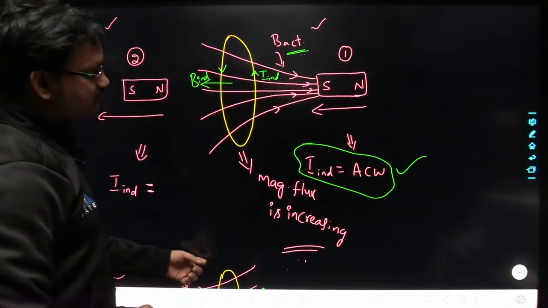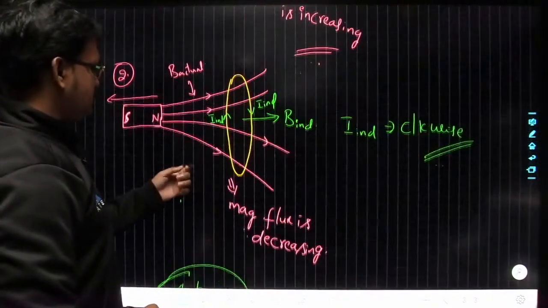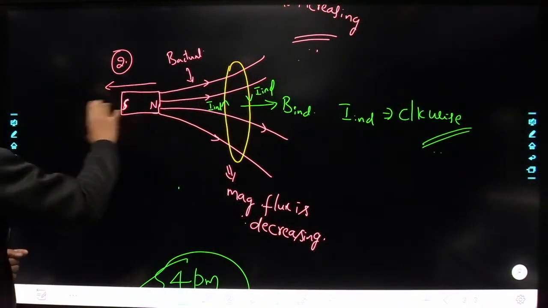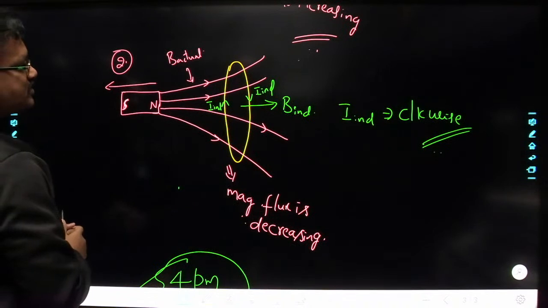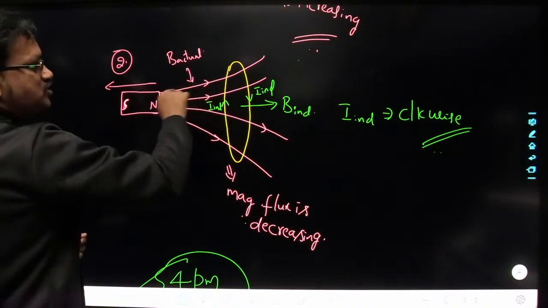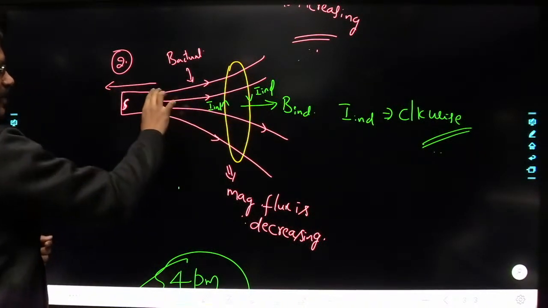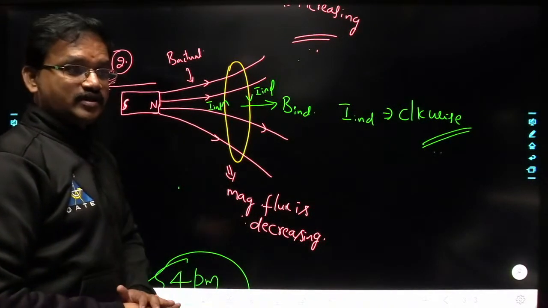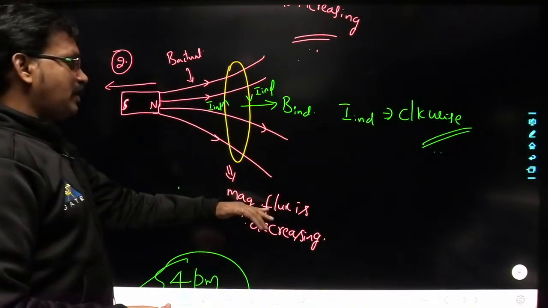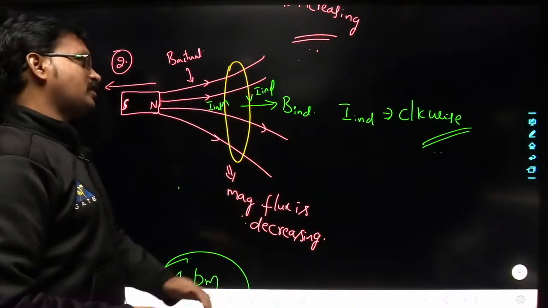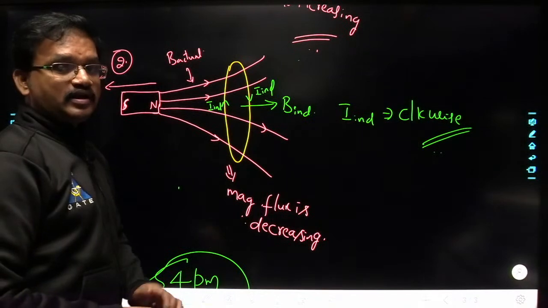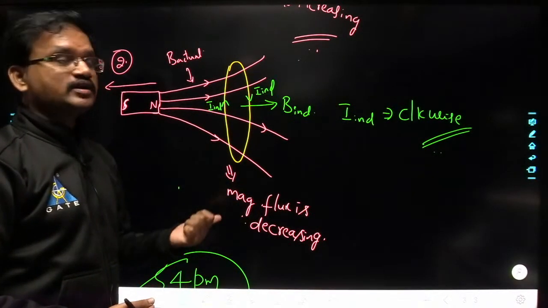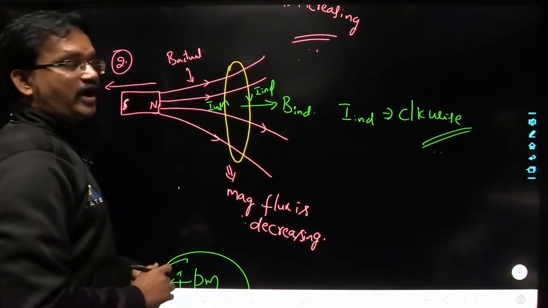Okay, and in the second case, the magnet has crossed the loop and is moving away from the loop. The B actual is pointing in this direction. As the magnet moves away from the loop, the magnetic flux is decreasing. Whenever the magnetic flux is decreasing, the direction of the induced magnetic field must point along the direction of the actual magnetic field.